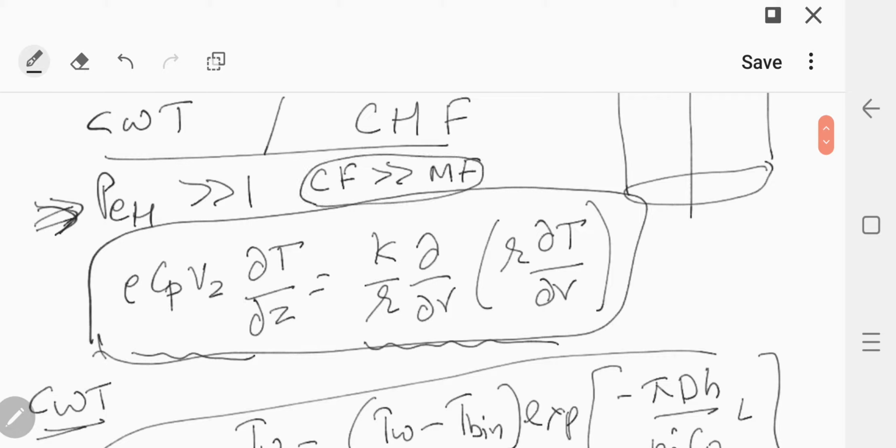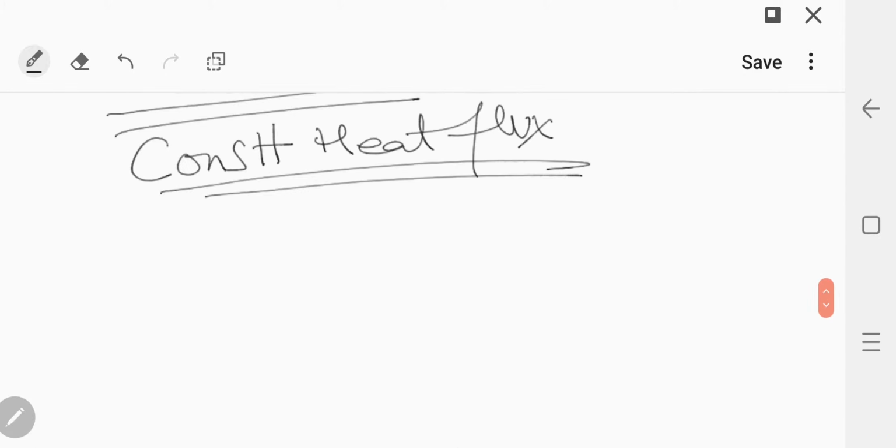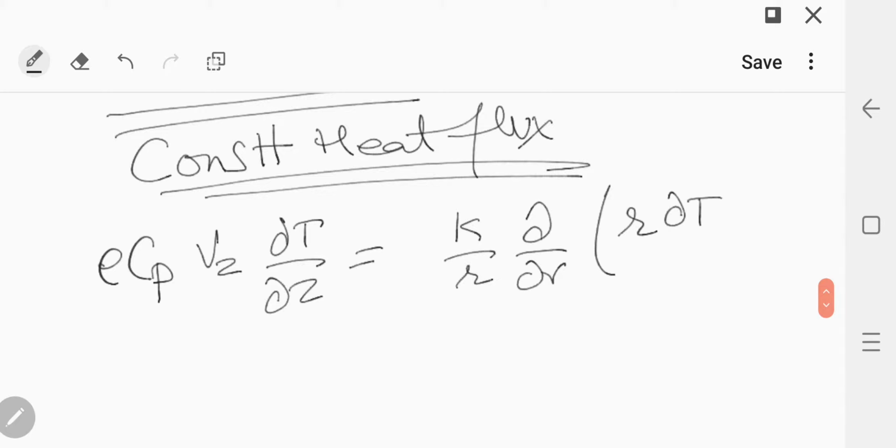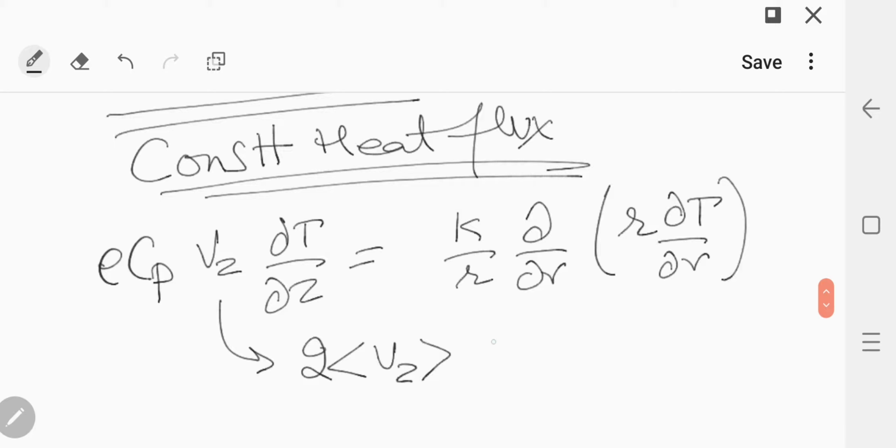So using this equation, I'll rewrite that equation again. That is rho Cp Vz del T by del Z equal to K by R del by del R of R dT by dr. And further, this velocity expression which we are using is twice the average velocity into 1 minus R by capital R whole square.